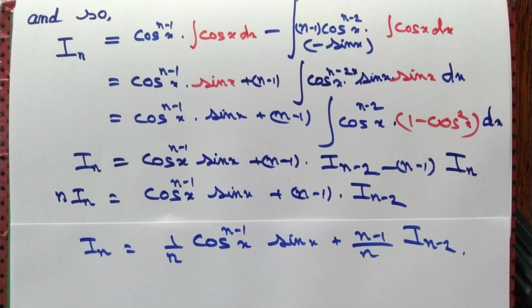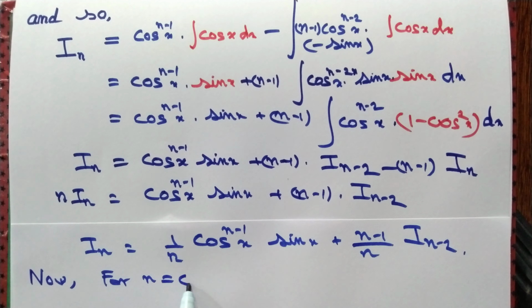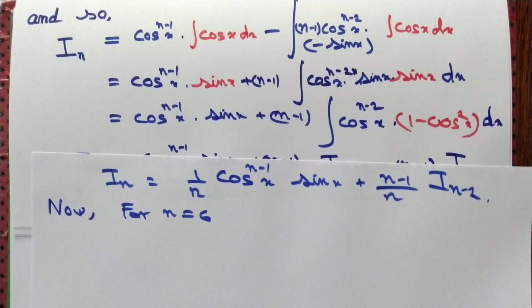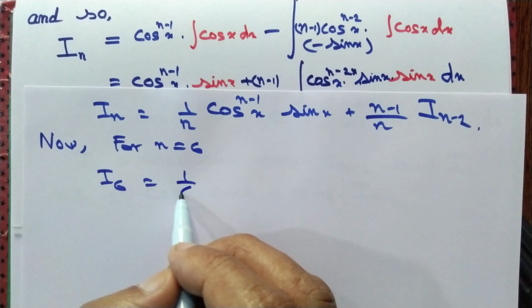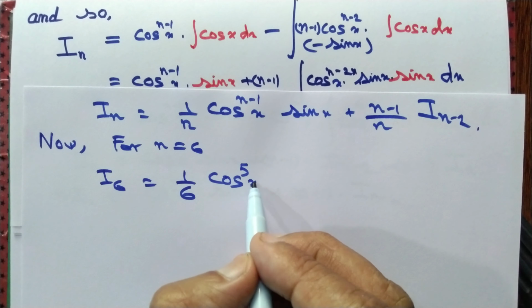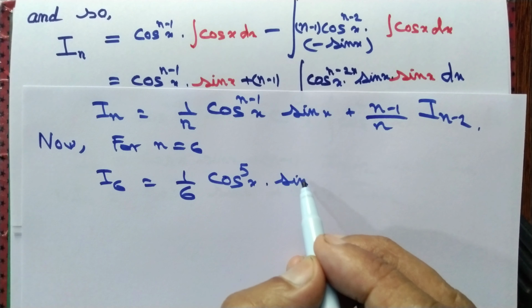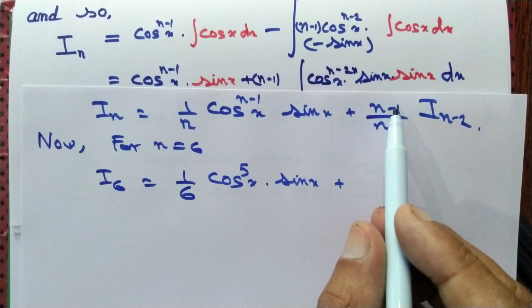Now somehow we want to evaluate I_6. For n equal to 6, I_6 equals 1 by 6 times cos to the power 5 x times sin x plus 5 by 6 times I_4, since 6 minus 1 is 5.